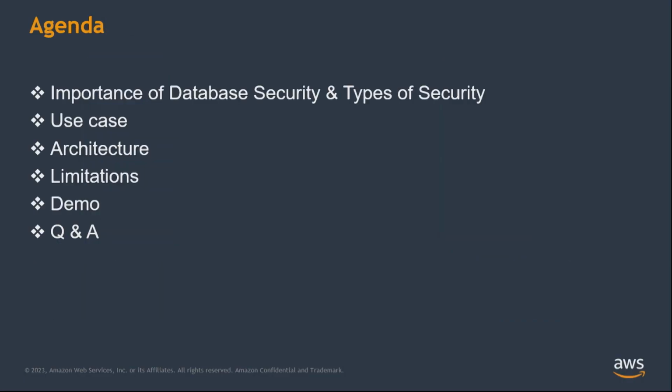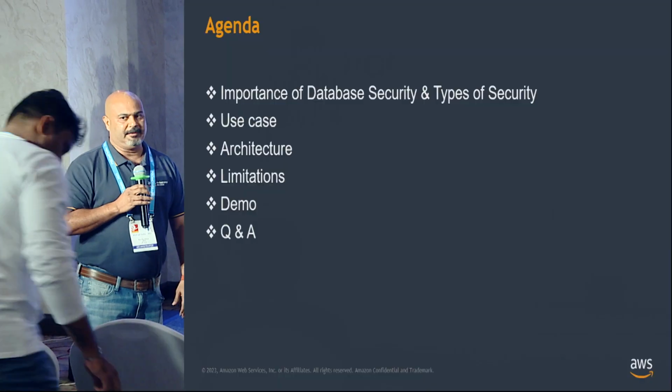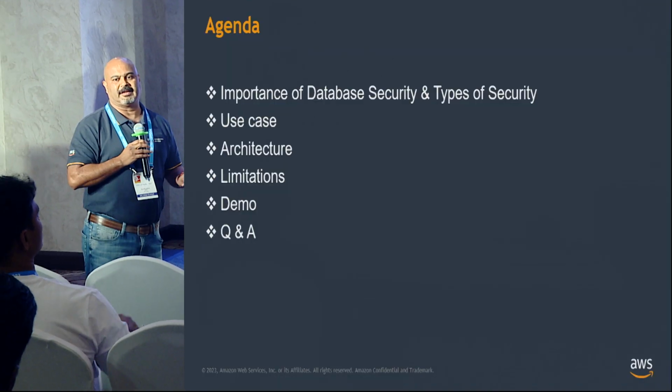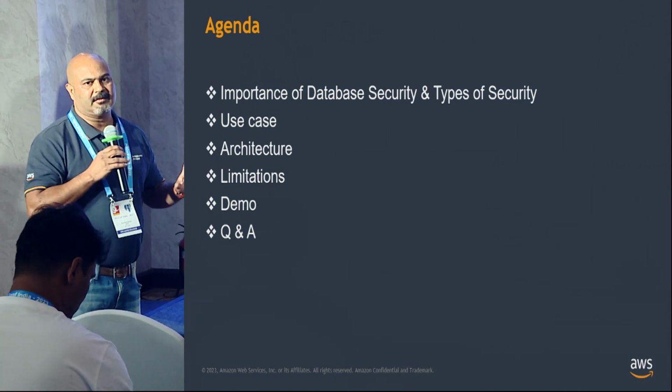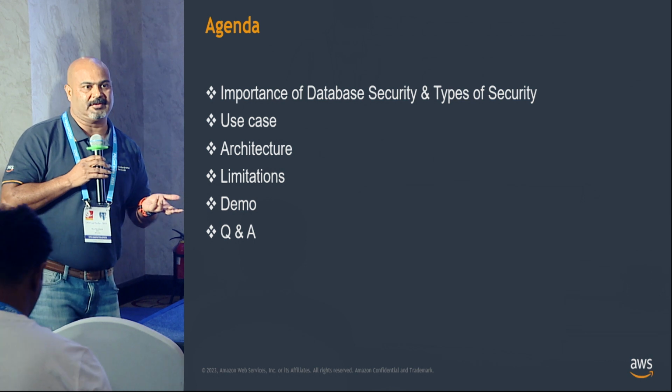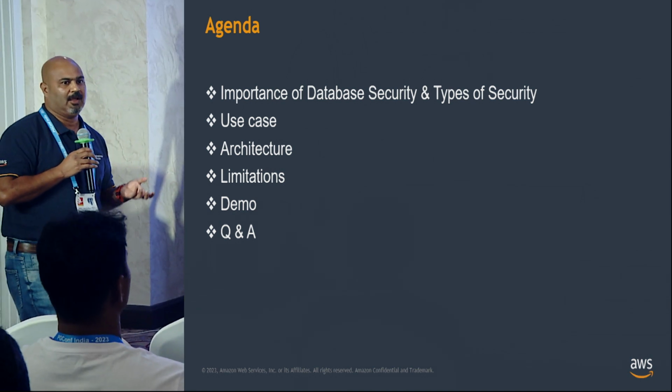Coming to the agenda. First, before getting into the nitty-gritty, we want to emphasize the database security aspects we need as an organization. Types of security: this may not be an exhaustive list, but a subset. What is the use case? It is a real customer use case we had.